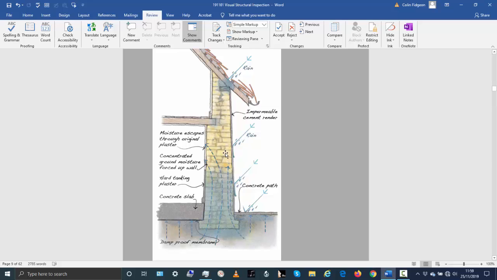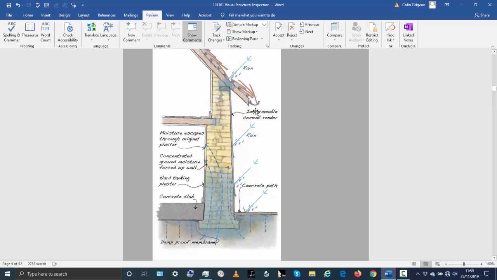Typically a very common problem is people put a cement render on the external face of a stone wall, which is what's been done in your property. There is an external cement render on it, and that will potentially cause problems.